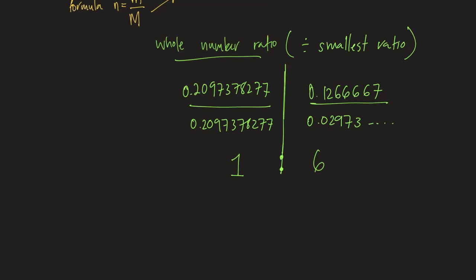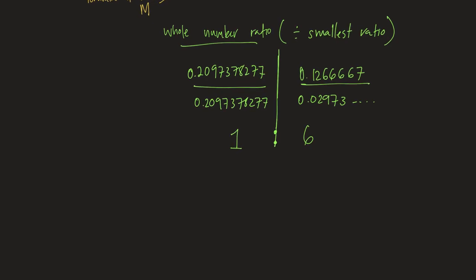This gives me information. Therefore, the ratio of AlCl3 to water is 1:6.